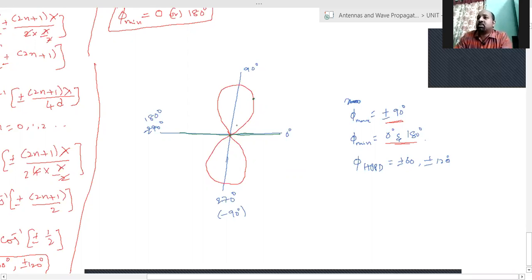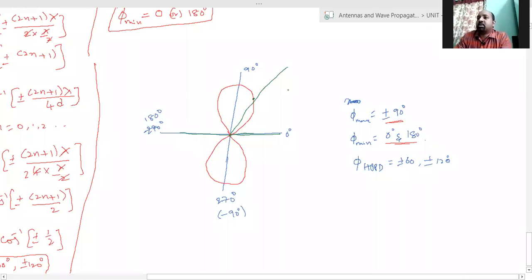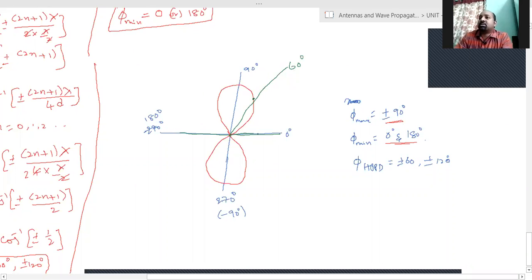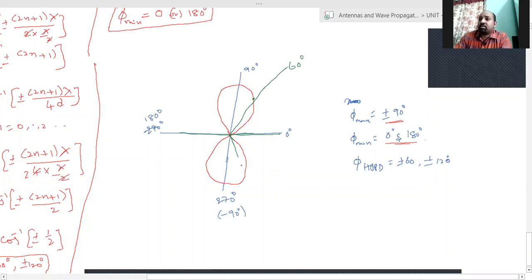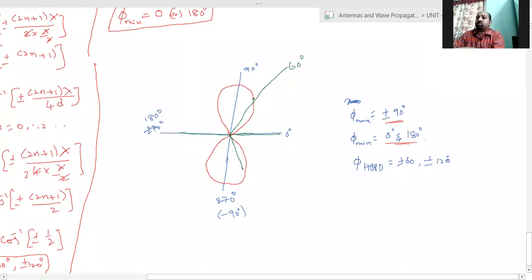Let us say this line is 60 degrees, and plus or minus means the opposite side, minus 60 degrees.